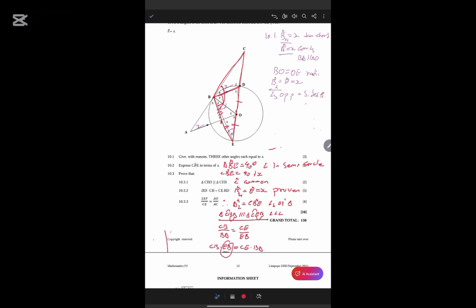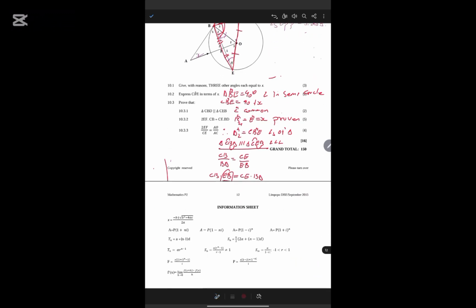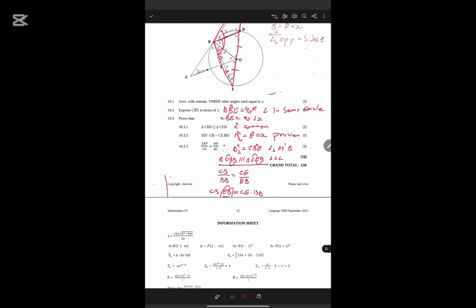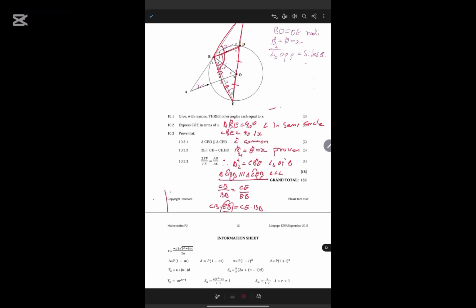We replaced BE with 2EF, right? Let me just write the answer here. We said this is CB times 2EF is equal to CE times BD. This was our final expression.